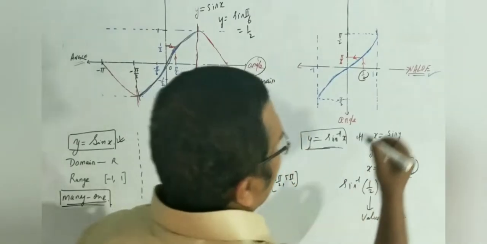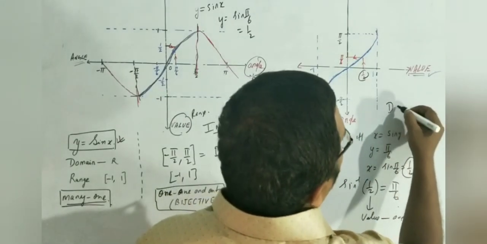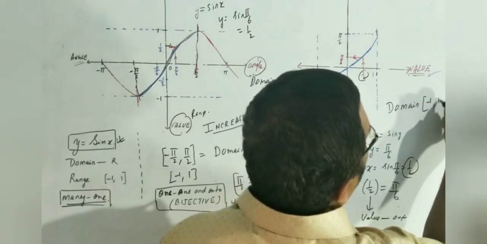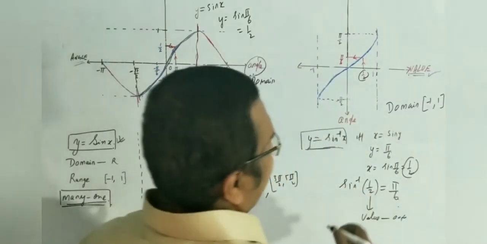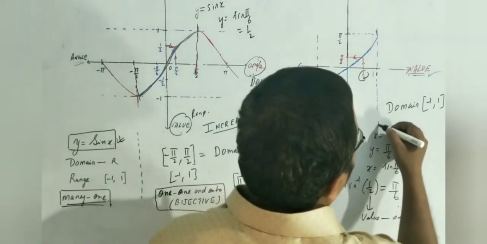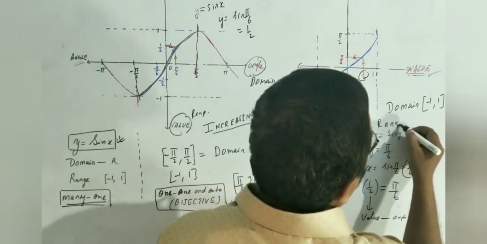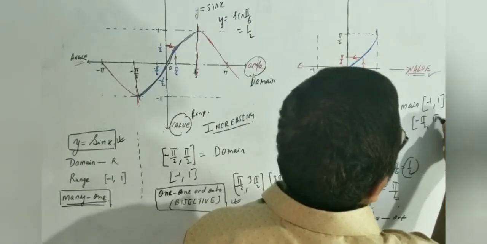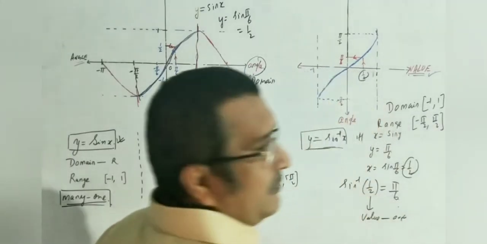Here the domain is minus 1 to 1, but the range is minus pi by 2 to pi by 2.